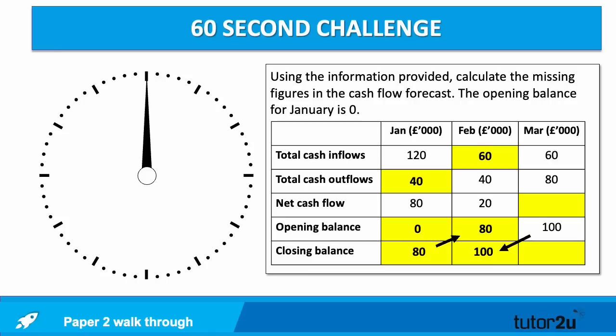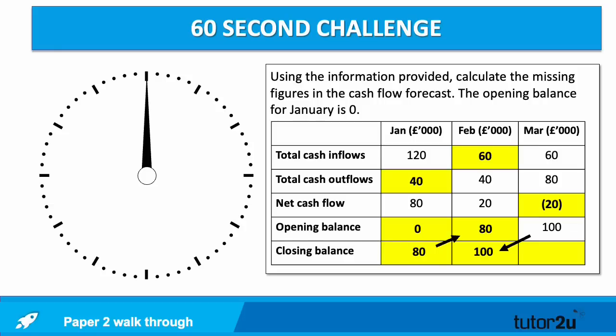In terms of March, we'd need to work out the net cash flow. So this time we have total cash inflows of 60,000, our total cash outflows of 80,000 to give us a net cash flow of a negative figure of £20,000. So remember, negative figures in business are in brackets.